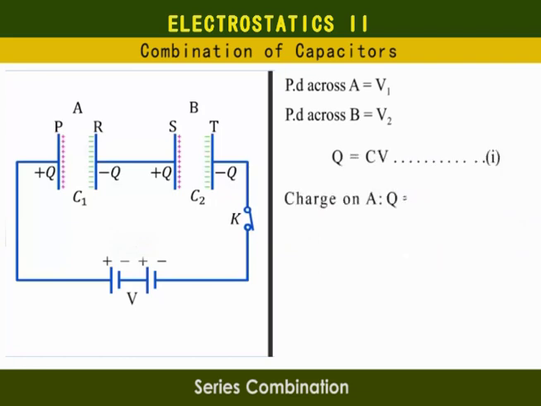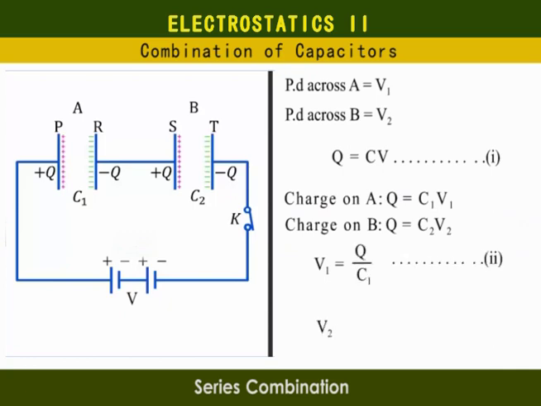This means that Q is equal to C1 V1 for capacitor A, and Q is equal to C2 V2 for capacitor B. Simplifying these two expressions, we get V1 is equal to Q over C1, and V2 is equal to Q over C2.